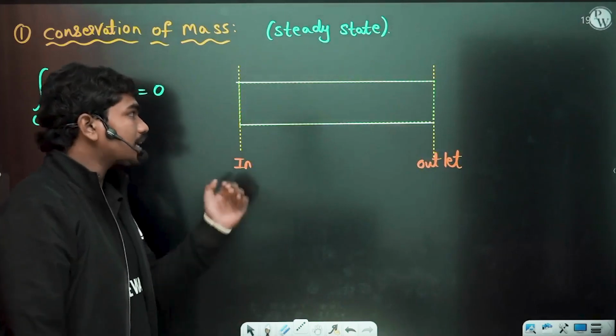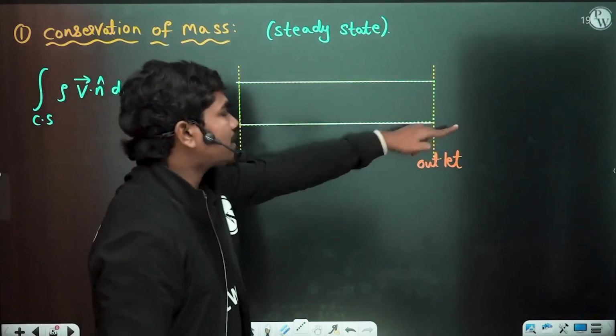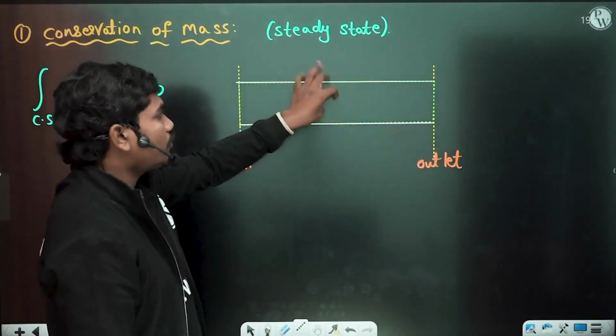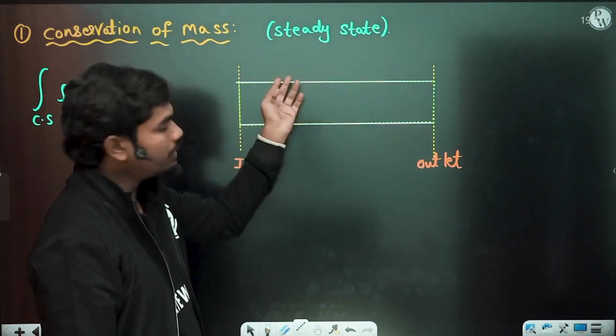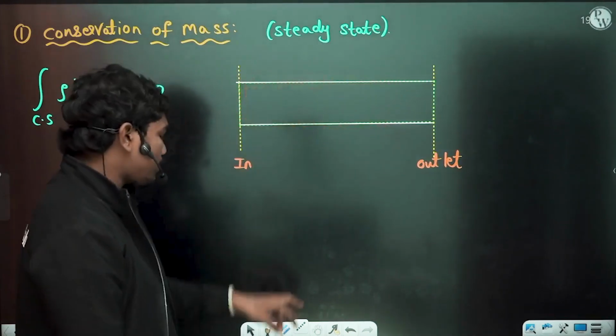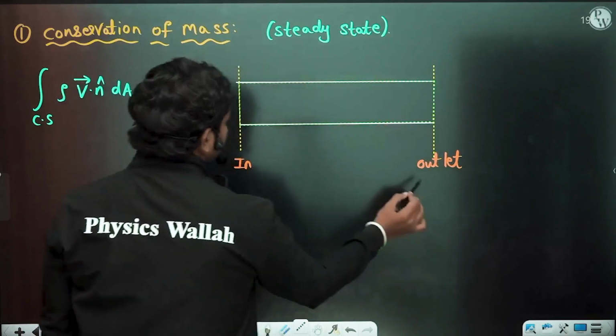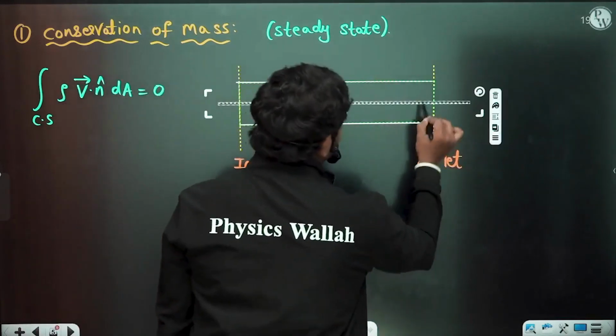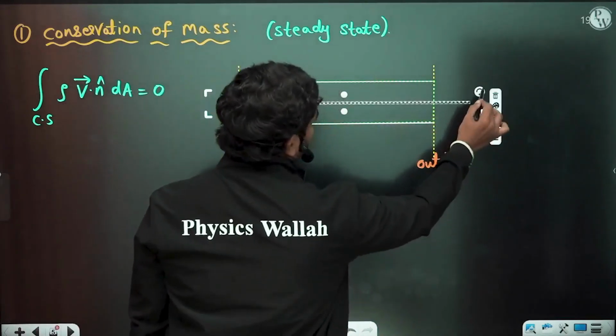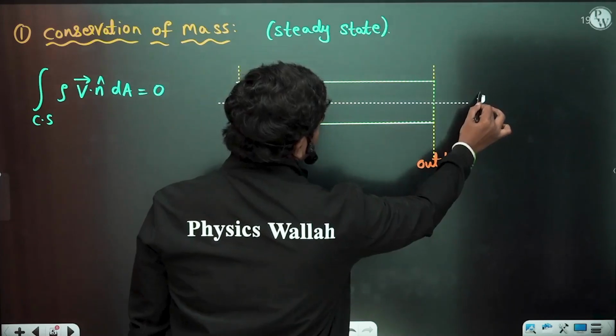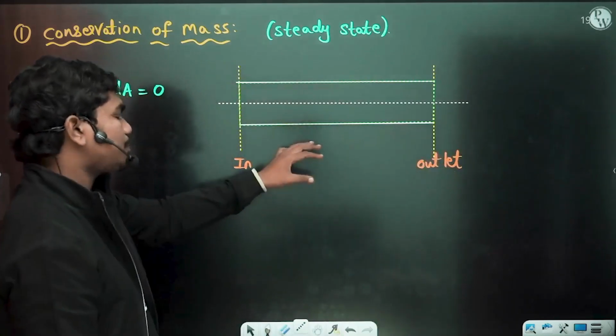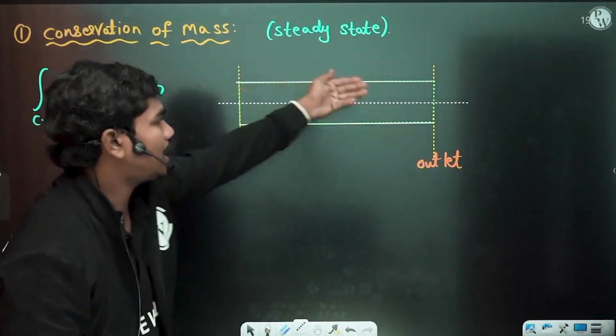Now fluid enters at one point and leaves at one point. There is no medium through which the fluid can actually go in between. The fluid cannot escape because this is a pipeline. So this is a pipe, and we have one fluid inlet and one fluid outlet.